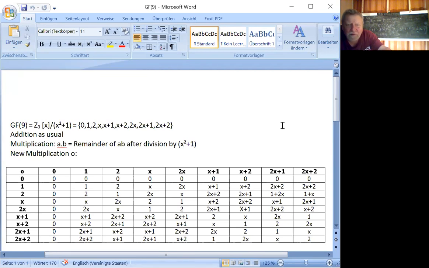But first of all, this gives the smallest proper Dixon near field, and also you see that I have grouped it in a different way: not 0, 1, 2, x, 1 plus x. They form a subgroup, as you see, and the multiplication table turns out to be this way.